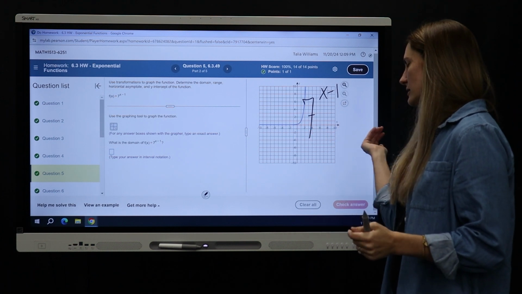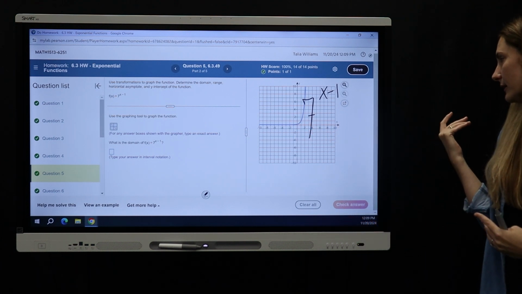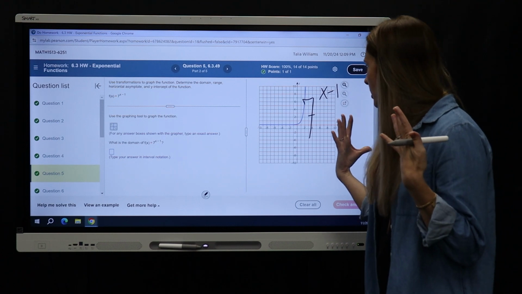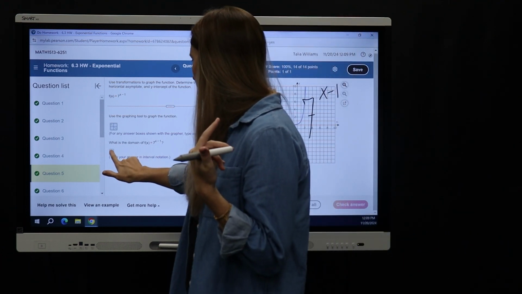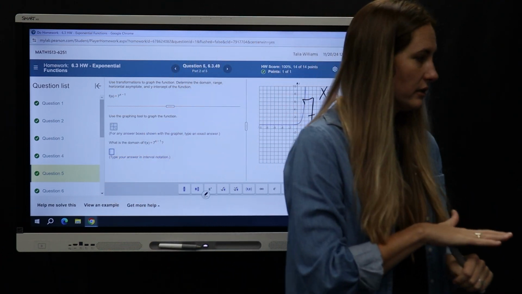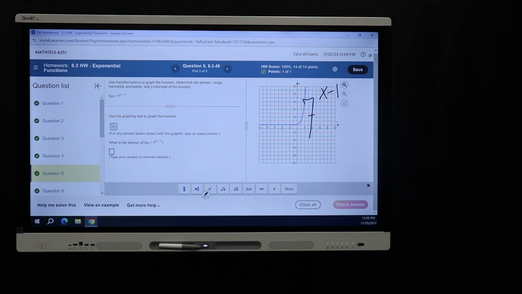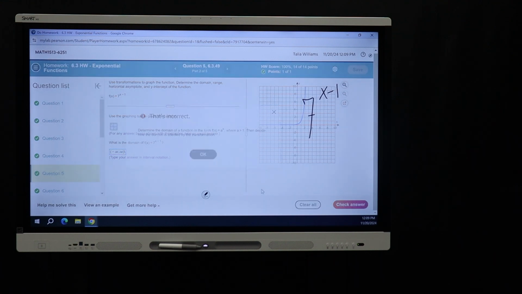Positive exponents, it just keeps going and going and going. It's just going to be really, really big numbers. So our domain on these is negative infinity to infinity on all of them. And that's going to be reversed when we get to our logarithms, because remember, logarithms are inverses of exponential graphs.